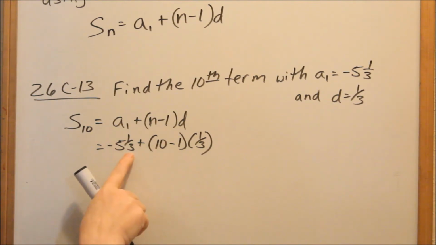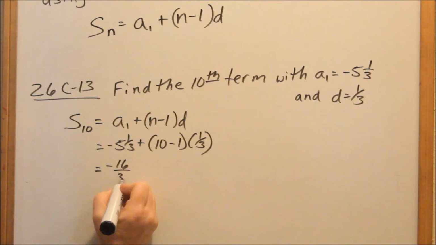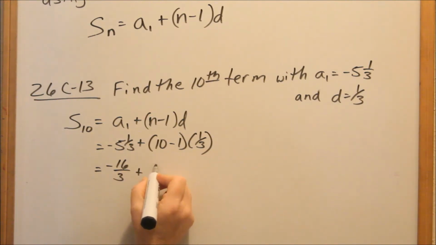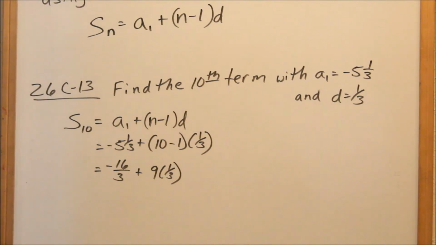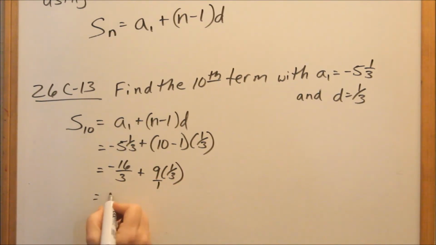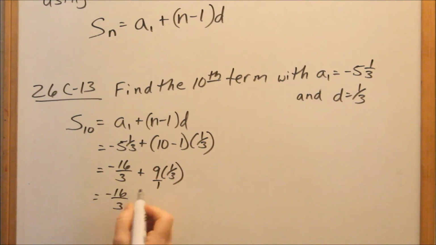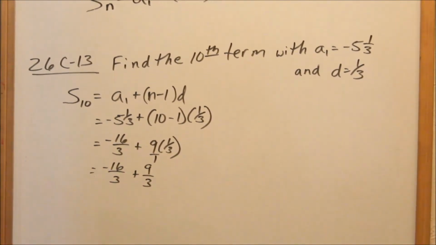Okay, I'm going to change this to an improper fraction. So that would be negative 16 over 3 plus 9 times 1/3. Multiplication is done first. At this point, you should already know order of operations. So that would be negative 16/3. I'm going to leave this as a fraction instead of reducing 9/3, because that way I already have a common denominator.